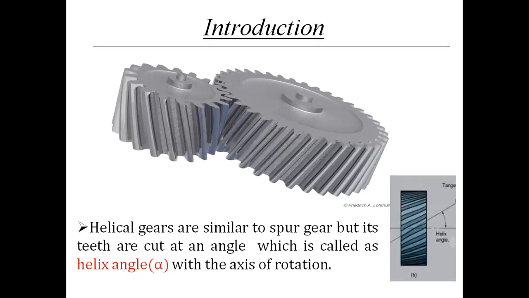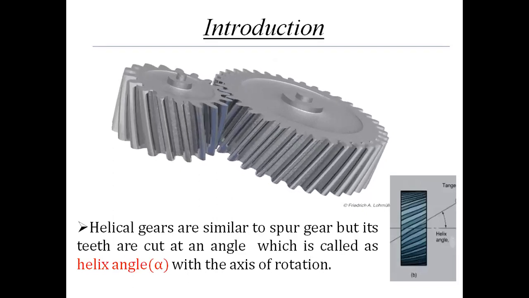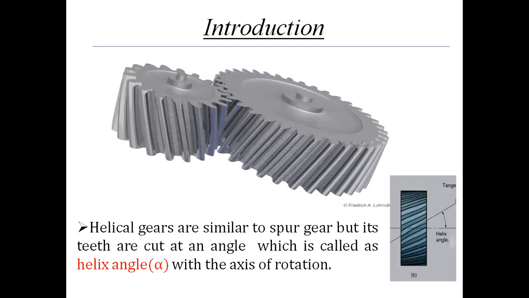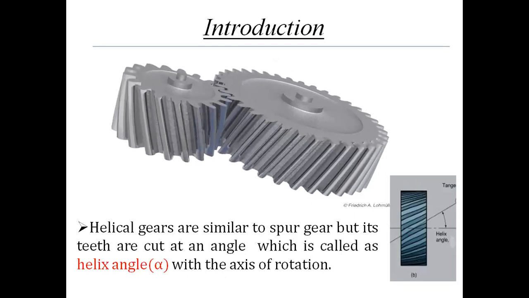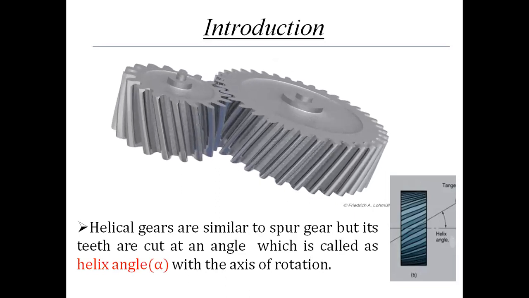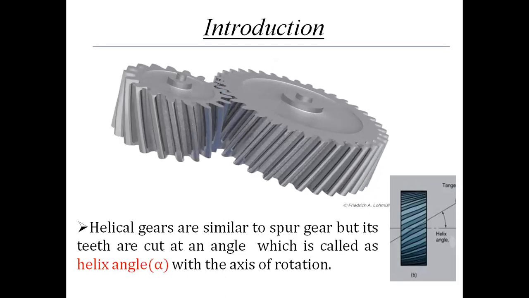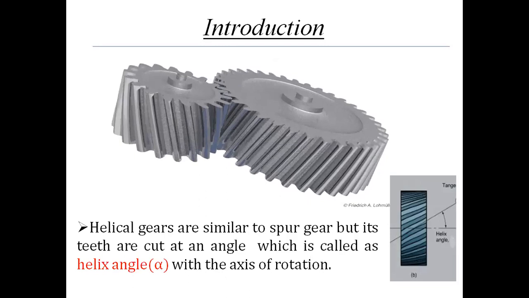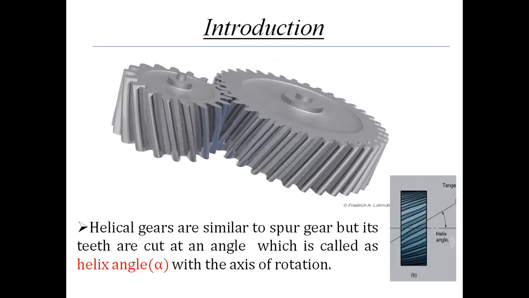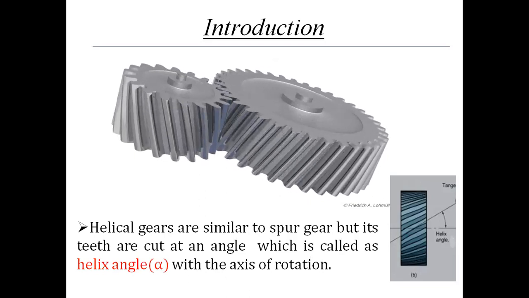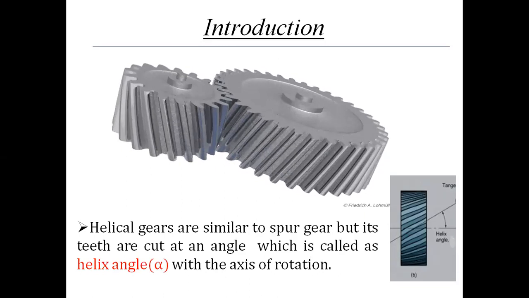Here you can see the rotating image of a helical gear. By observing, you can clearly differentiate the difference between spur gear and helical gear. Helical gears are similar to spur gears. What is the similarity of spur gear and helical gear?